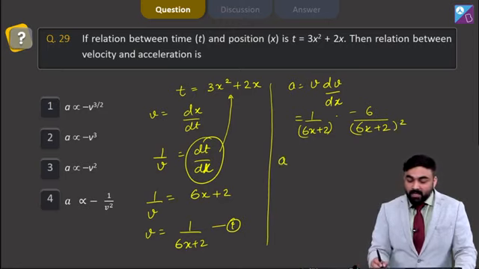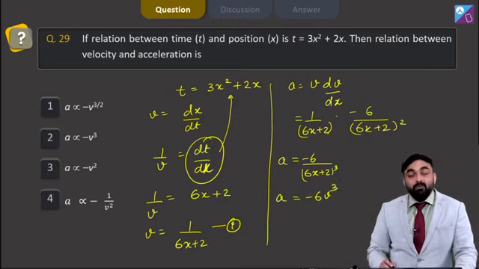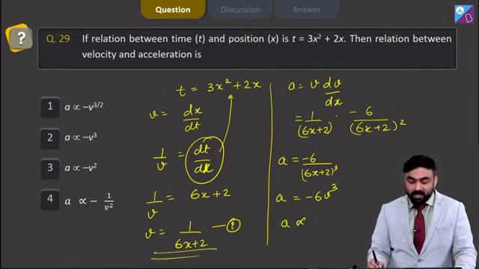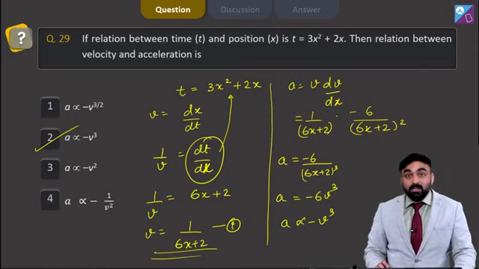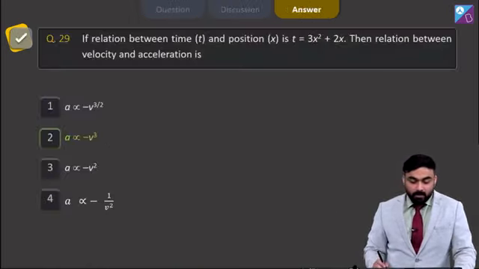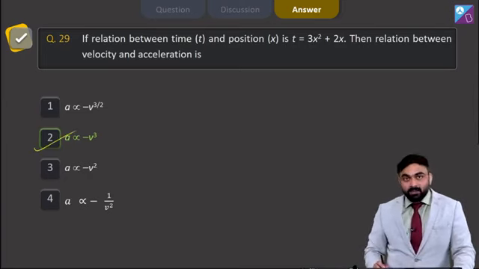So a here will be equal to −6/(6x + 2)³, or a will be equal to −6v³, from equation number 1. Therefore, we can say that acceleration is directly proportional to −v³. That is, option number 2 is the correct relation between acceleration and velocity. Verifying this with the answer slide, option number 2 is the correct answer here.